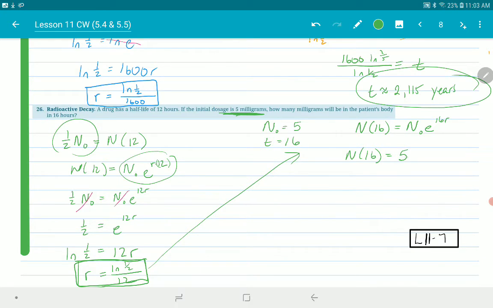So that's N naught times e to the rt, which is 16. So this one, I just need to calculate the stuff on the right-hand side. So I'm going to get my calculator for that.